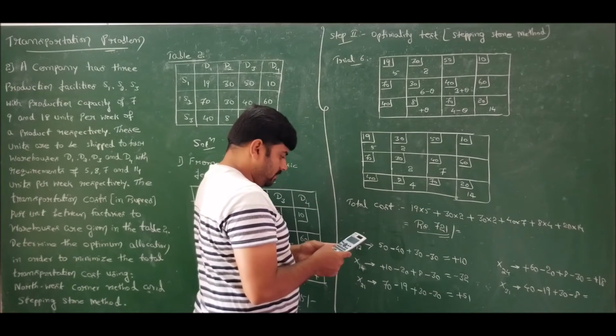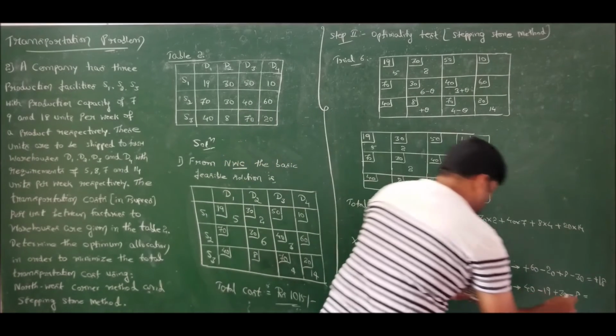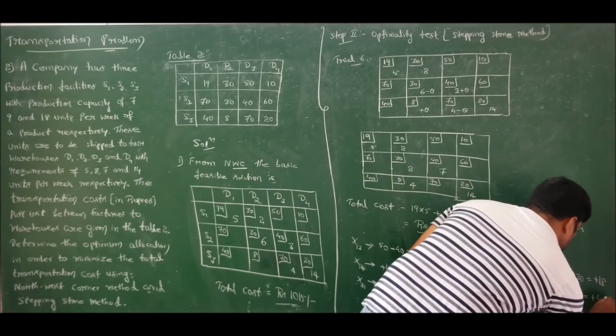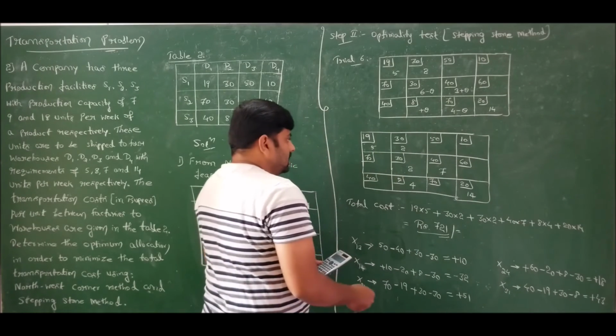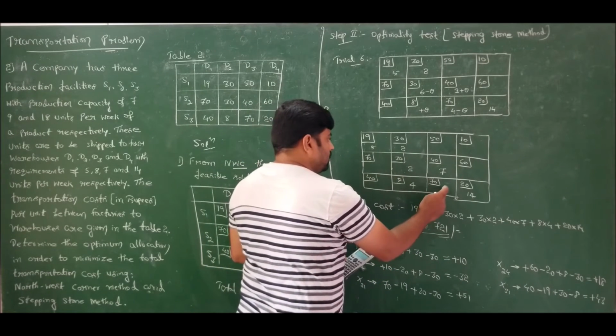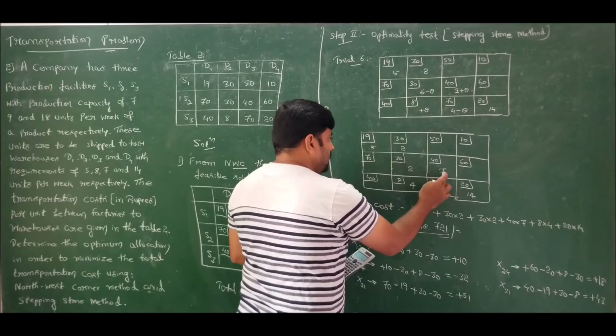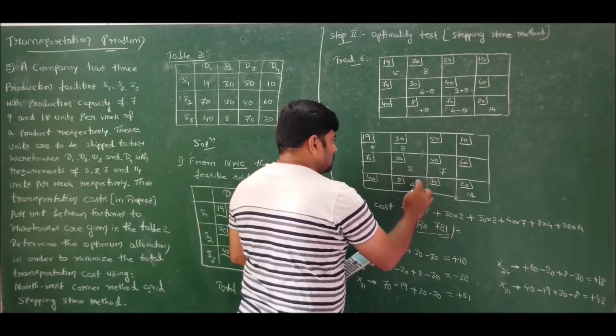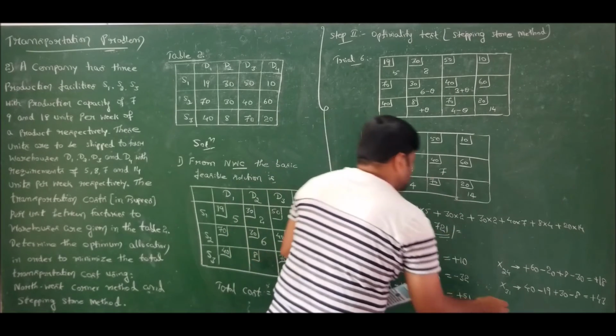So 40 minus 19 plus 30 minus 8 will become plus 43, which is also undesirable. Now moving to the last one, if I put plus 1 here, the loop will be like this.